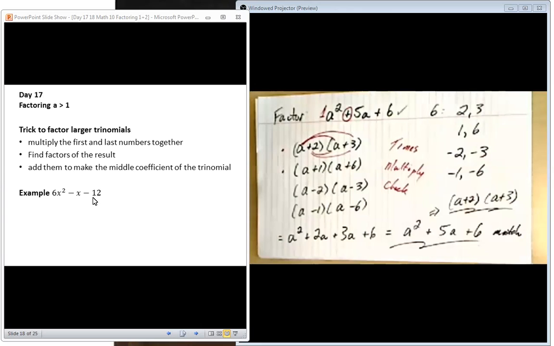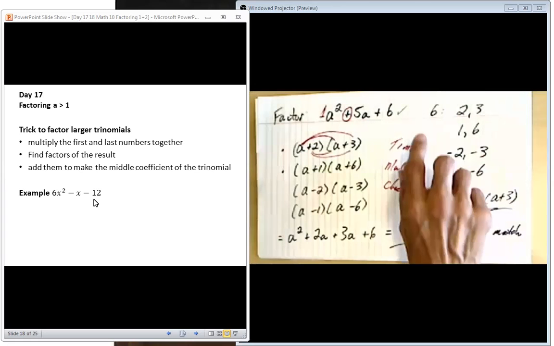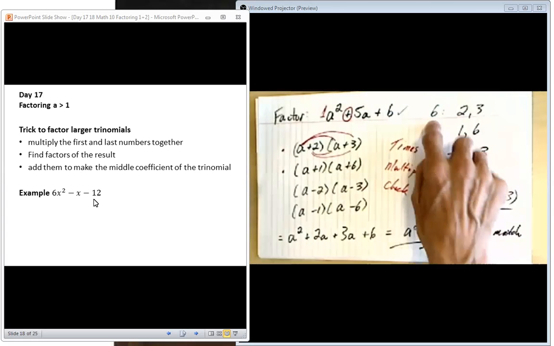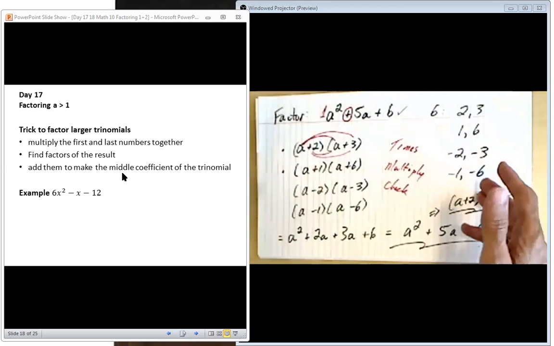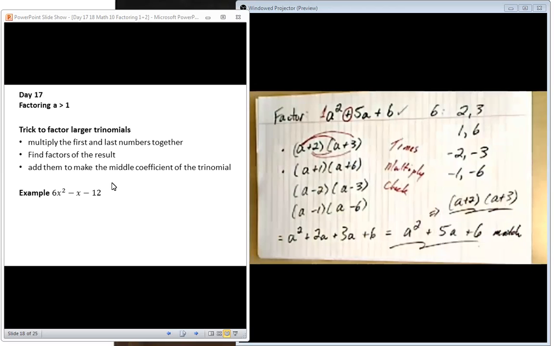You do that first. So instead of having the number 12 and working it all out, you got 6 times 12 and then away you go. Find the factors. And once you have all those factors, we're going to have a list like this. Then you figure out which ones will add up to the middle term.